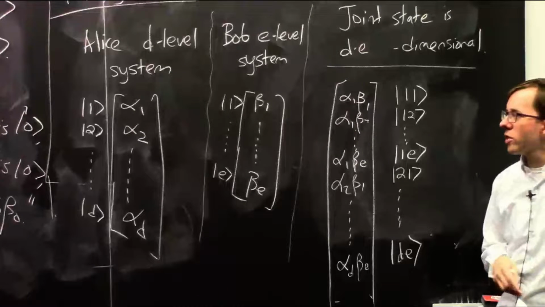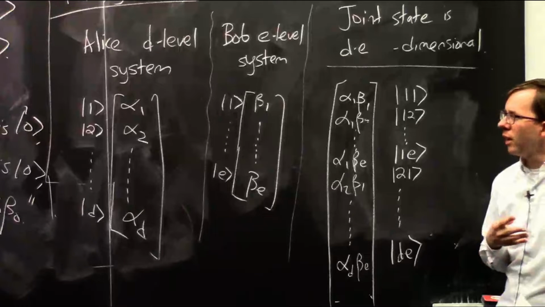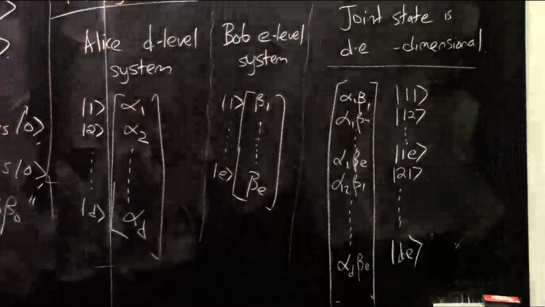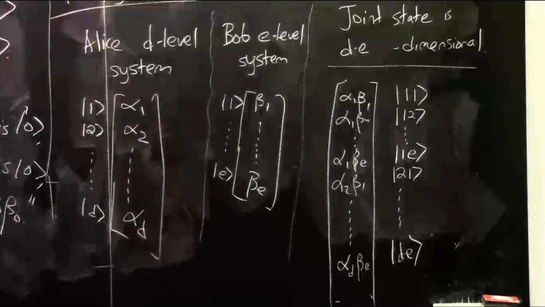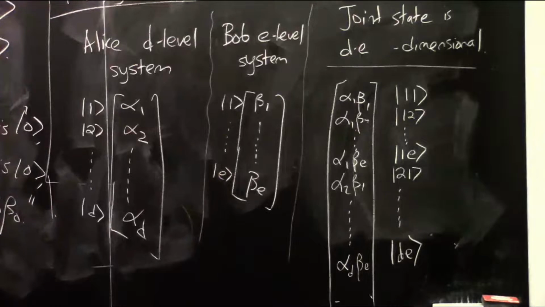Okay, good question. So there's 2 parts to the question, or at least 2 parts of my answer. The first was about when I told this little story by analogy with probabilities, I said, oh, you flip the coins independently. And there's an analogous thing going on here in the quantum case. When you take these 2 photons that maybe Alice and Bob prepared separately and then just view them as a joint system, you are assuming mathematically that they haven't previously interacted, and that they're what we're going to call unentangled.